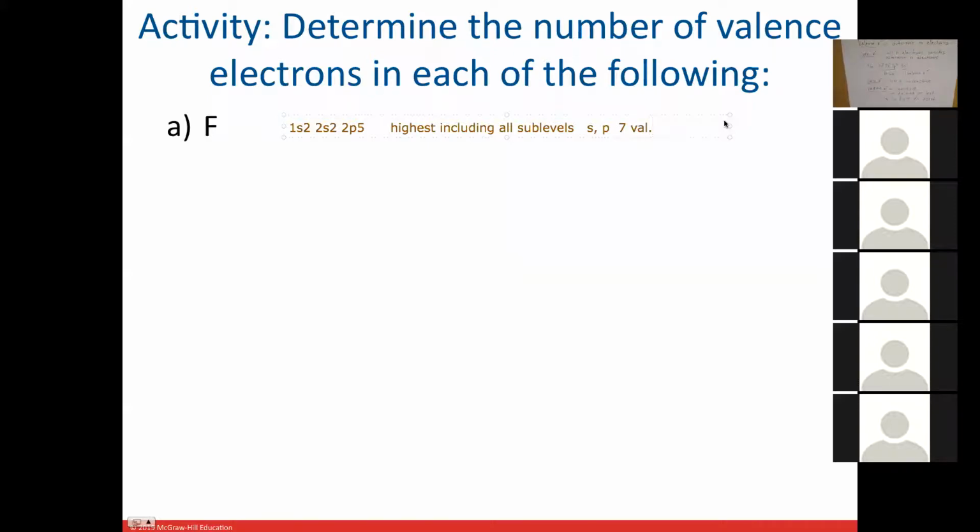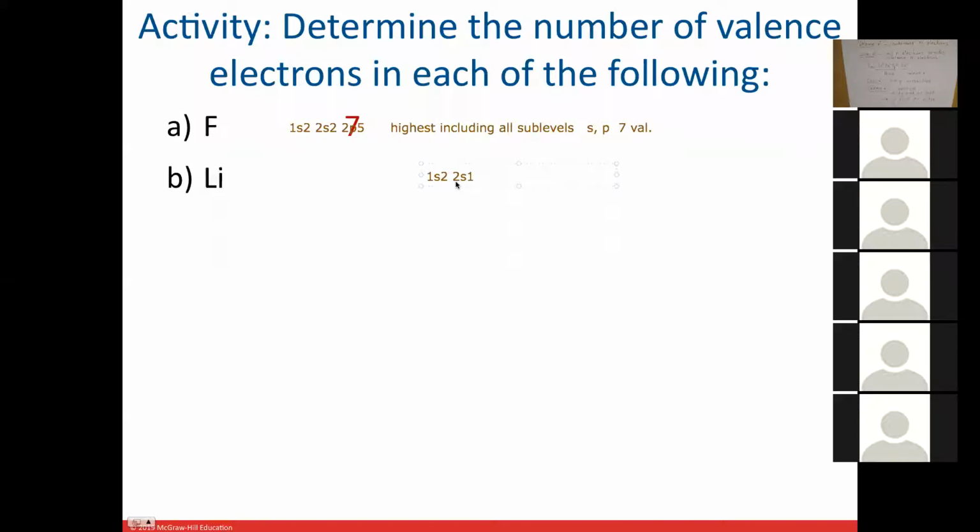Let's try another one. Okay, 7. There we go, 7 valence. What about lithium? It's 1s2, 2s1. How many valence electrons? 3? Well, careful.